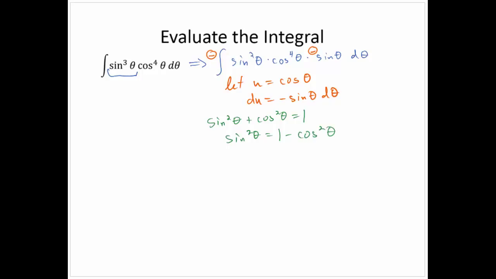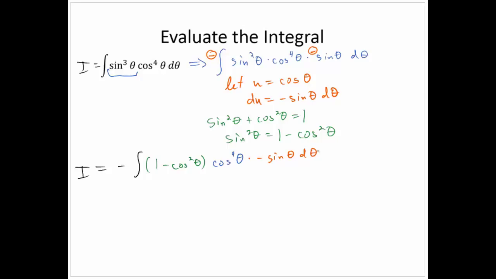So now the integral becomes negative integral of 1 minus cosine squared theta, and then I still have the cosine fourth theta, and I have the negative sine theta d theta. And now everything is nice.